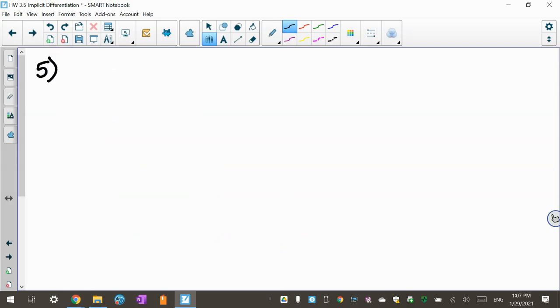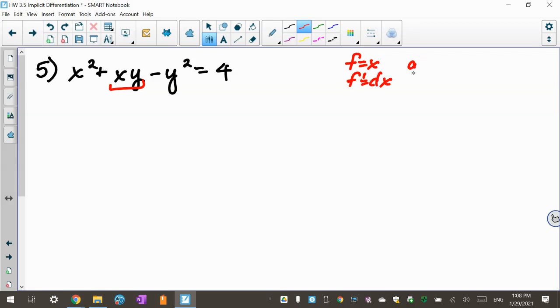So when I do 5, I have x squared plus xy minus y squared equals 4. Now, when I do this one right here, this one doesn't look too bad, but I do have a product rule going on here. So again, if I do f is x, f prime is going to be dx, g is y, g prime is going to be 1 dy, or we'll just call it dy.